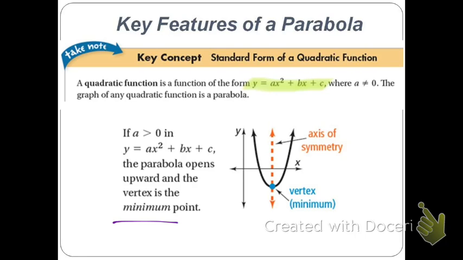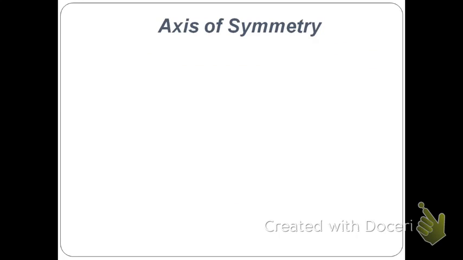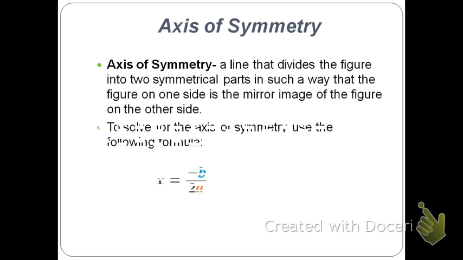Or the other option is if we have our graph facing downward, then there's actually a maximum point on your parabola. So we're going to be looking to solve for all these different parts, whether it be a vertex, or in this case we're going to be focusing first on the axis of symmetry.